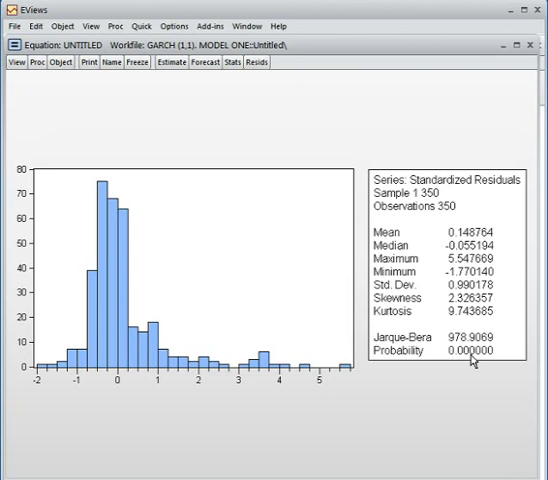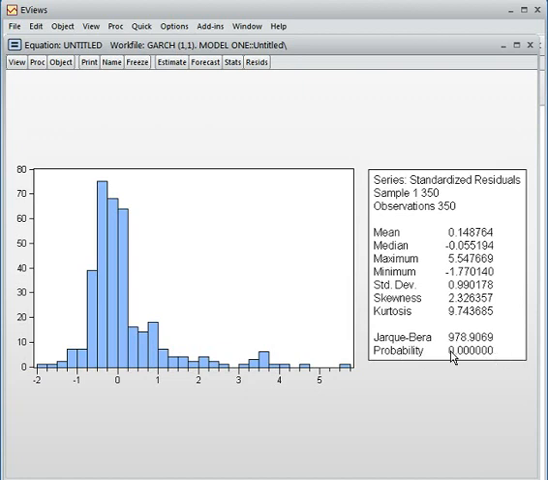Here, what are the hypotheses? The null hypothesis is that residuals are normally distributed. And the alternative hypothesis is that residuals are not normal. What is desirable? It is desirable that residuals be normal to have a good, best model.